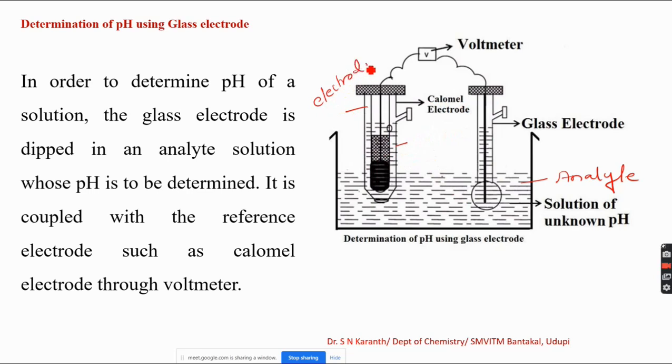By using this, I can construct a cell, and the two electrodes are connected by means of a voltmeter. The glass electrode is coupled with the calomel electrode, and both electrodes are dipped in the solution. Then I can represent the cell.